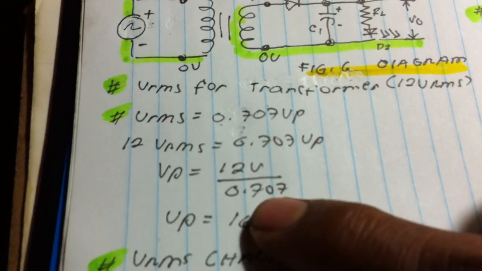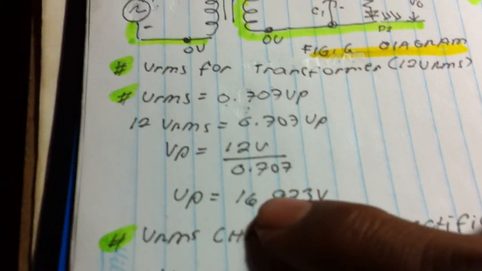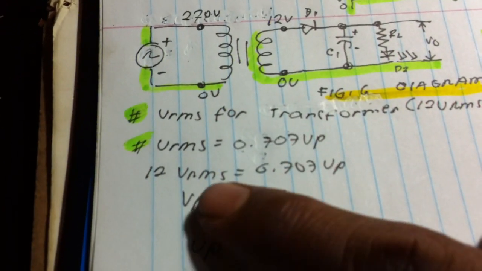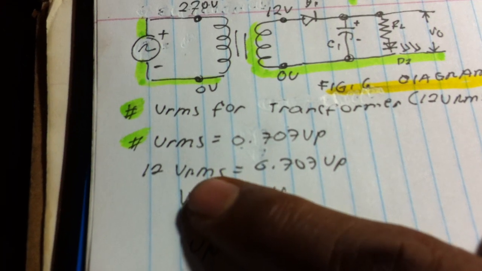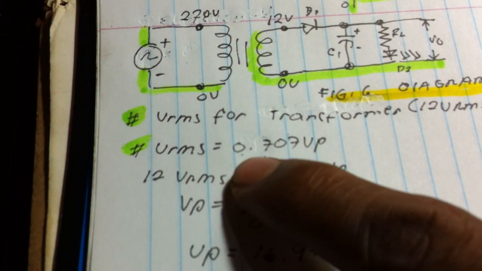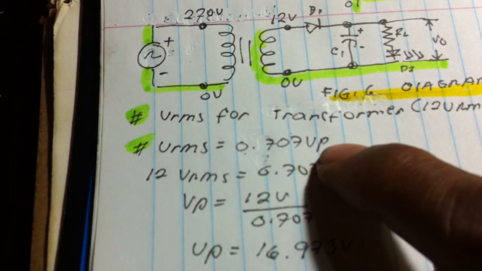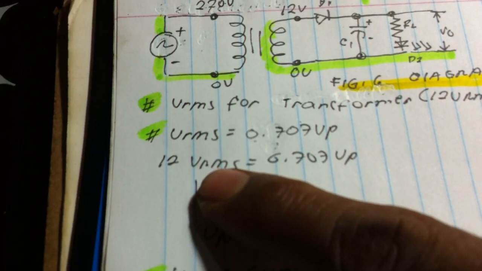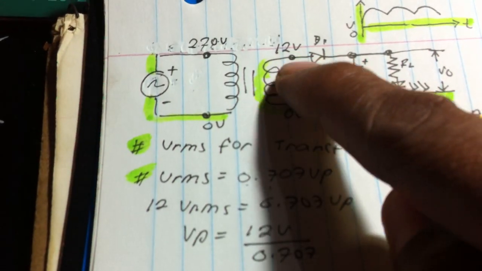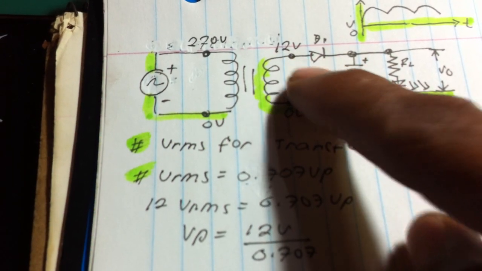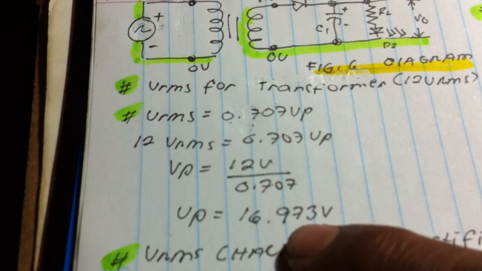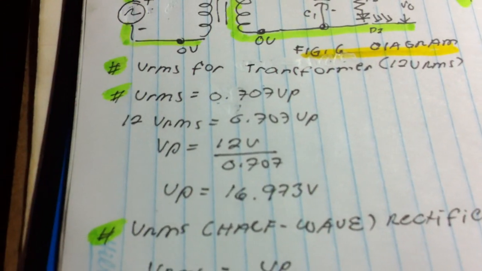Also, I used this in the last project. So using 12 volts, we got VRMS equals 0.707 times VP. VP now is, since I know VRMS, it's the 12 volts. That is the voltage rating of the transformer you buy in the market. We got 16.973 volts.